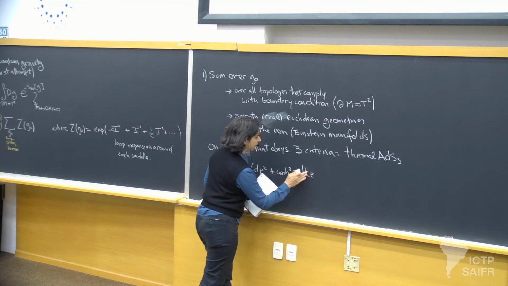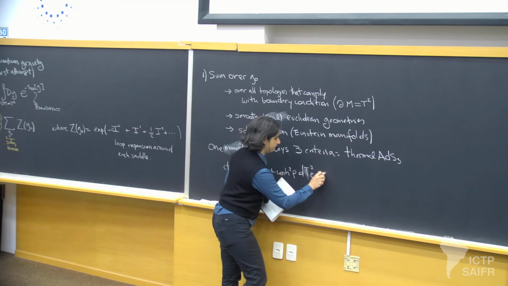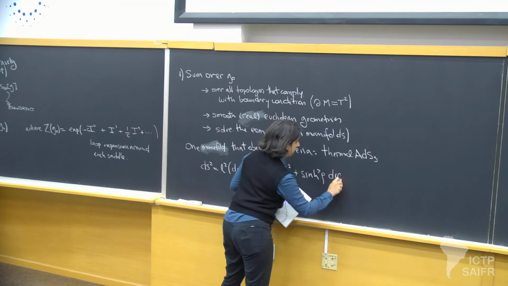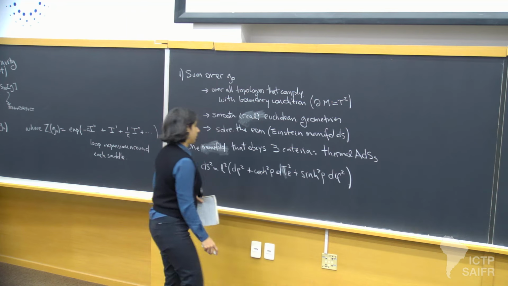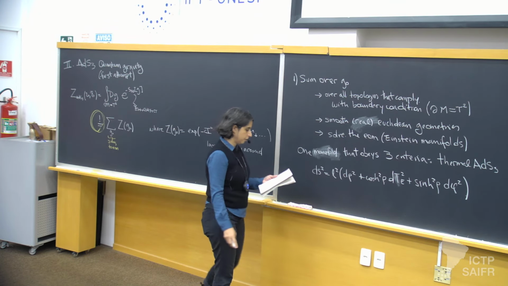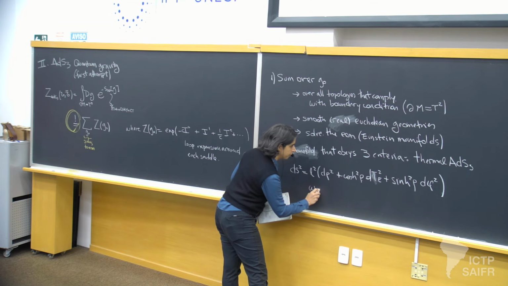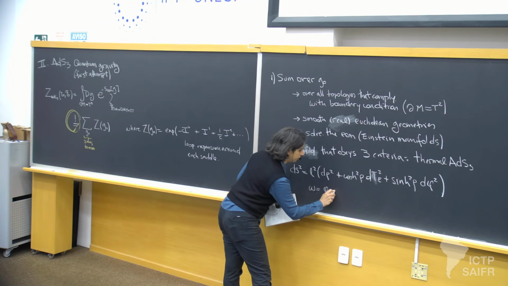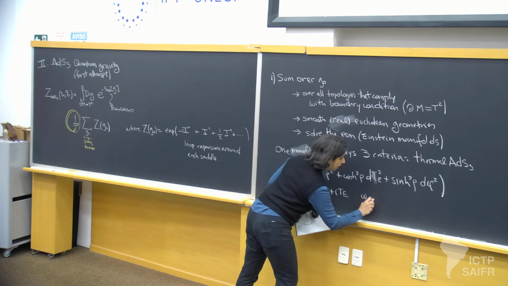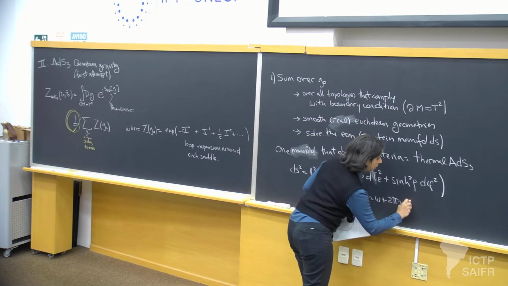I was calling this guy capital T. Like this. So this is the metric of thermal AdS₃, where if you define omega as phi plus i t, omega will obey my boundary conditions.